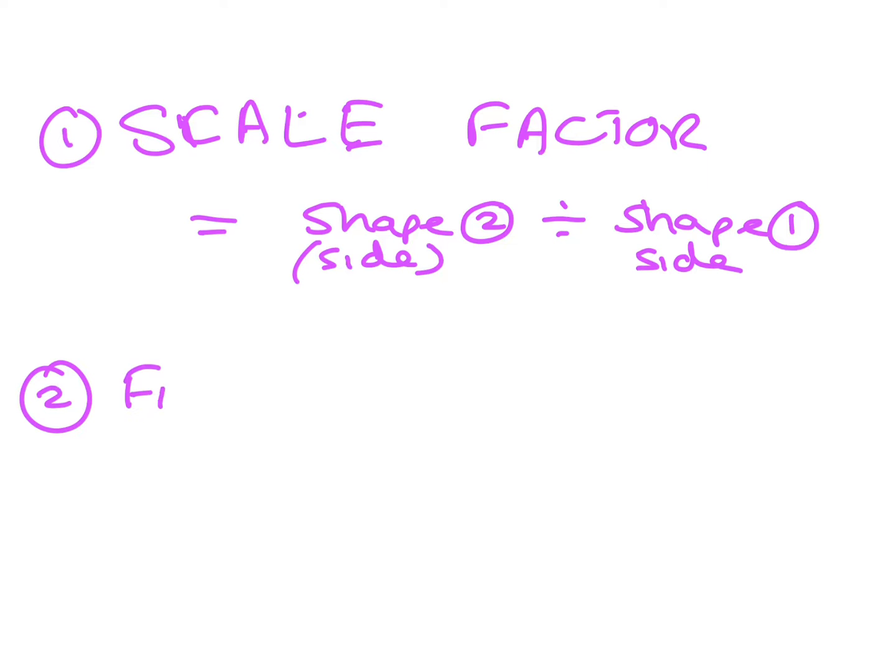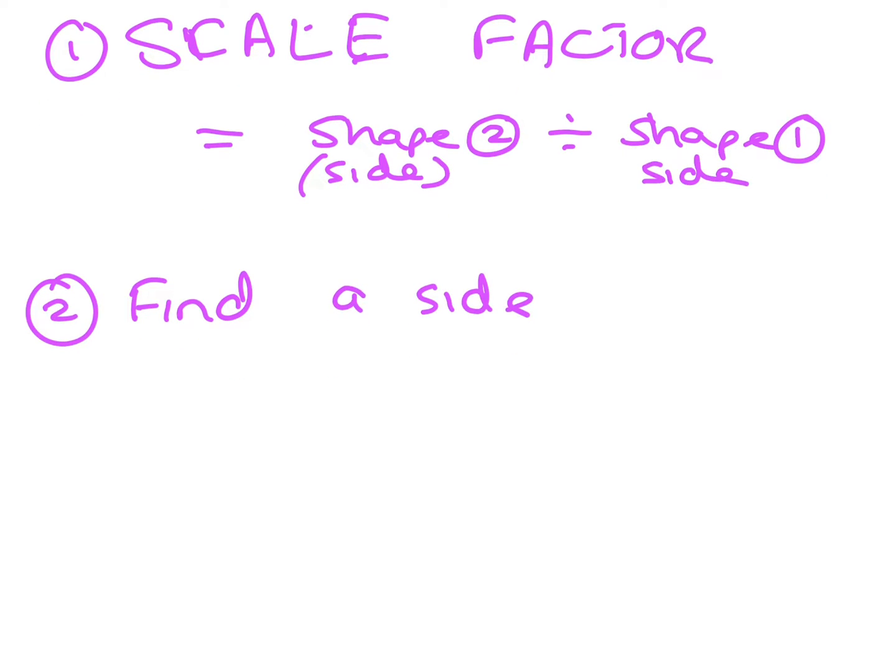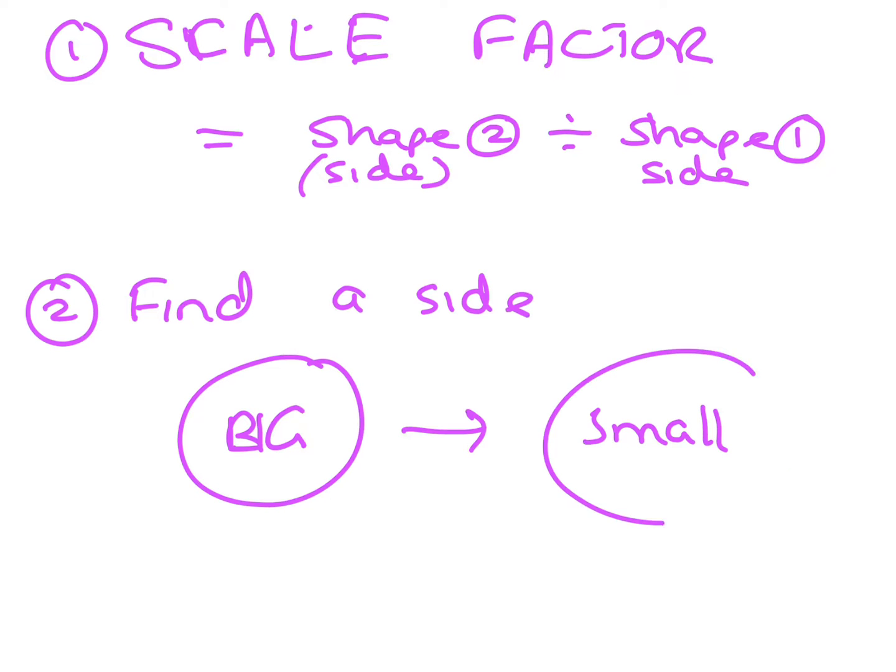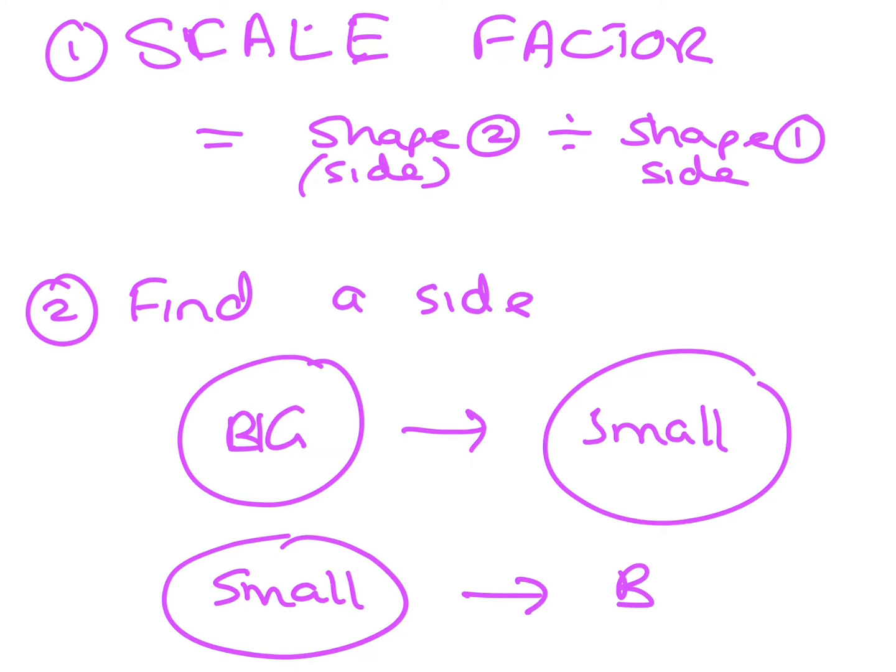But if you actually want to find a side that is unknown, what you need to do is you need to see, are you going from a big shape to a small shape, or are you going from a small shape to a big shape?